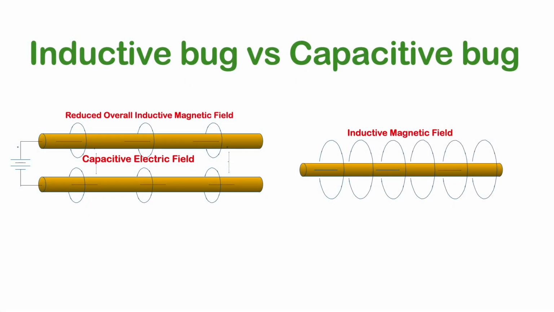So here we can see that when a current passes through a wire, it generates a magnetic field, but when we are dealing with twisted pair, where there is also a second wire where current passes in the opposite direction, the magnetic fields are in opposite directions and cancel each other, but there is a reduced magnetic field, and this field we capture with an inductive clamp, while the capacitive clamp captures the electric field that is created between the wires.